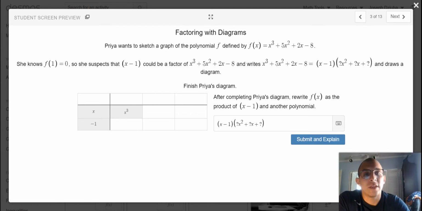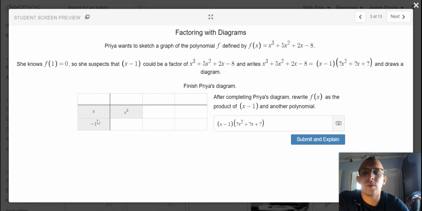We would like to take the standard form of the polynomial here, x cubed plus 5x squared plus 2x minus 8, and rewrite it as the product of its factors. I will demonstrate how we can reverse engineer the area model to assist us with this process.